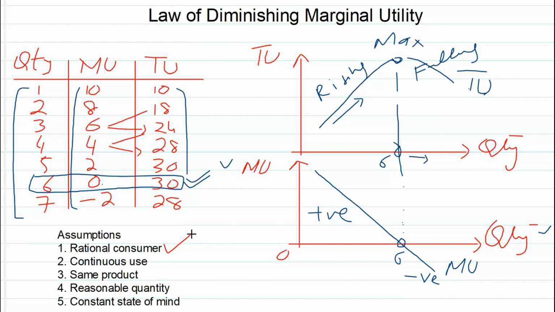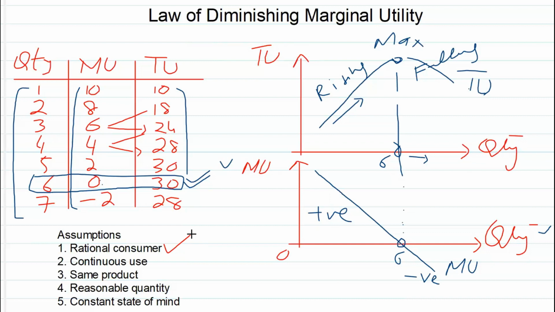If it happens, then the consumer is considered to be irrational, and if he takes decisions irrationally, then this law is not applicable. It is interesting to know that if consumers were rational, then there would have been no need for advertisement. However, advertisement makes consumers irrational, and they purchase many goods and services which are not needed.